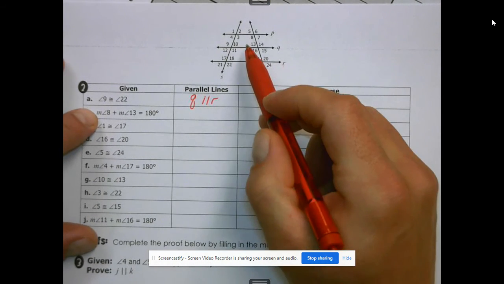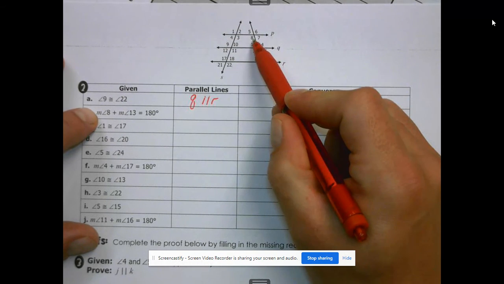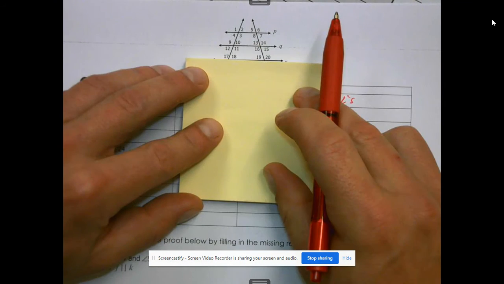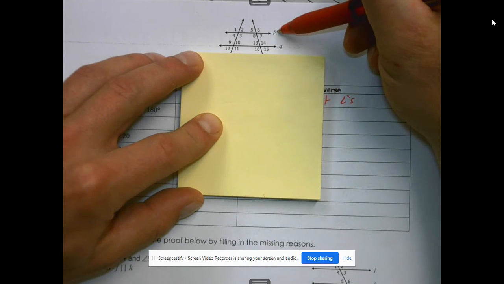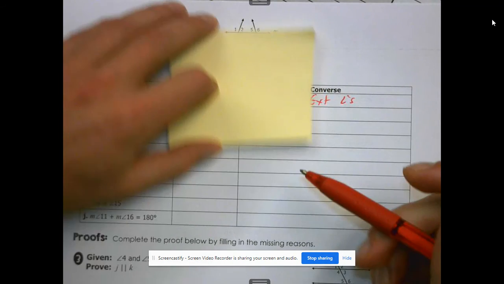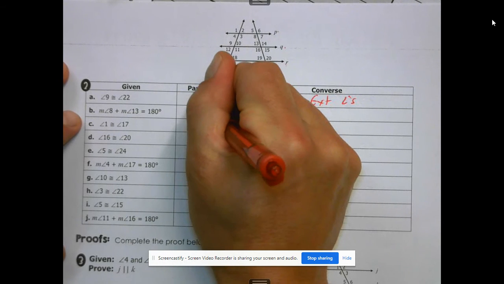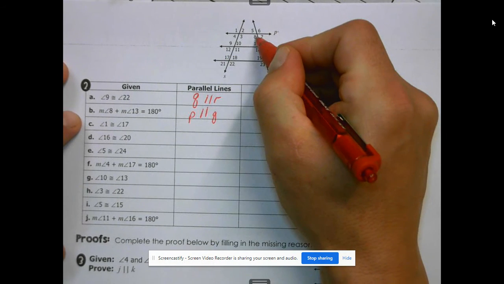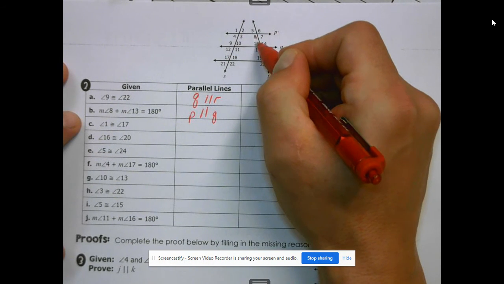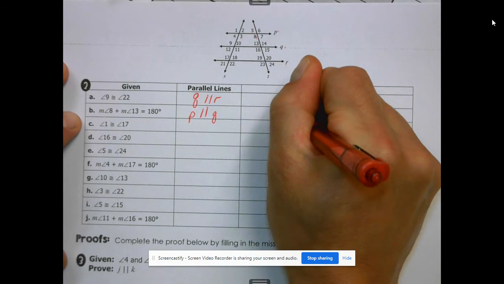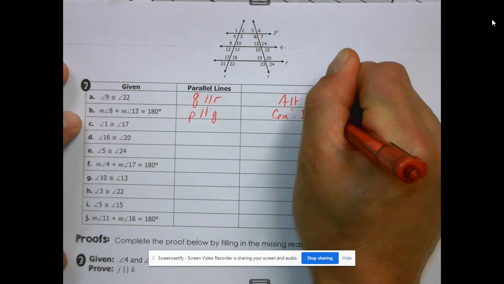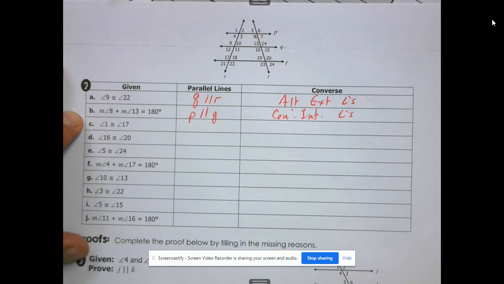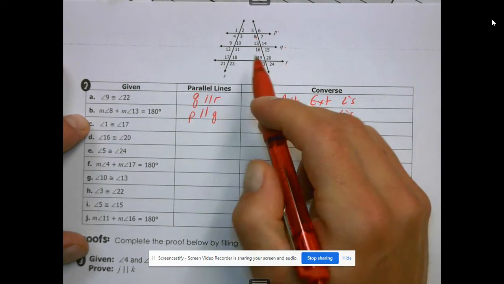8 and 13, there's 8, there's 13. I'm not using this bottom line right here. The parallel lines would be P and Q. So P is parallel to Q, and those are consecutive interior angles. 1 and 17.